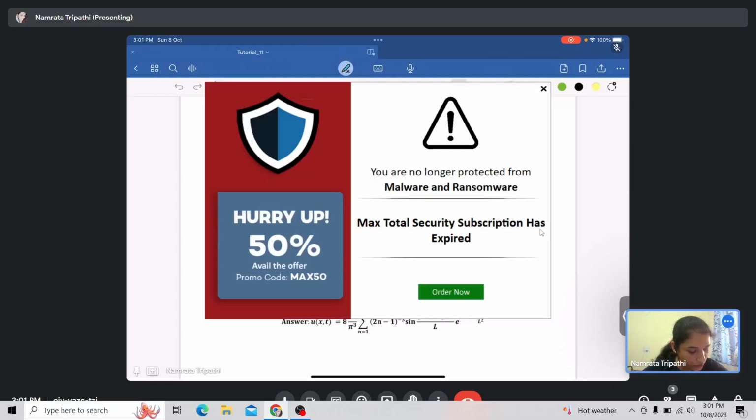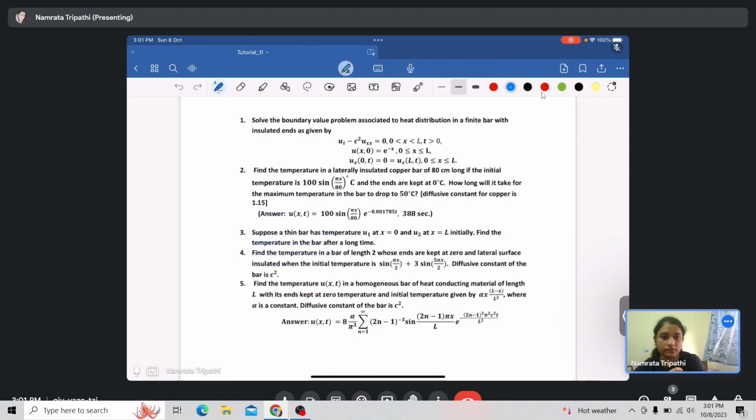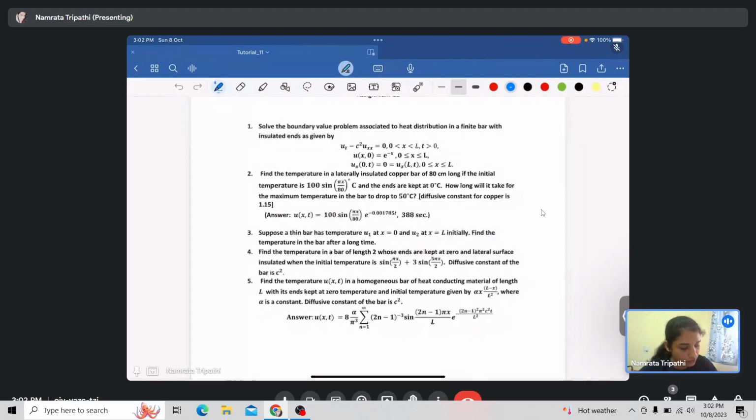This is the heat equation with a finite bar, that means x is finite, 0 to L given, and ends are insulated. How to solve these types of problems? Okay, we will discuss how to solve this problem.